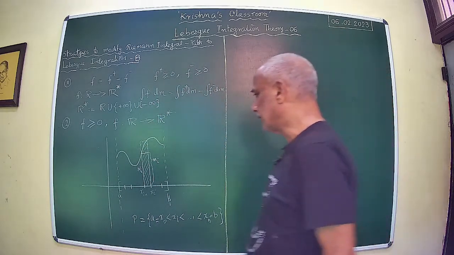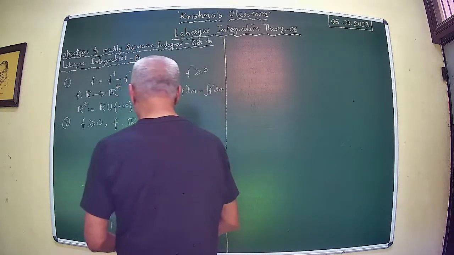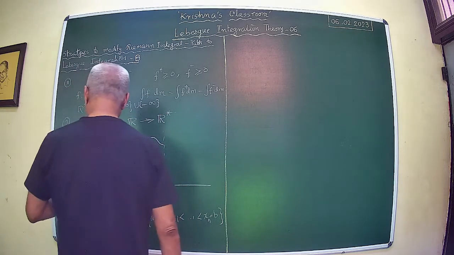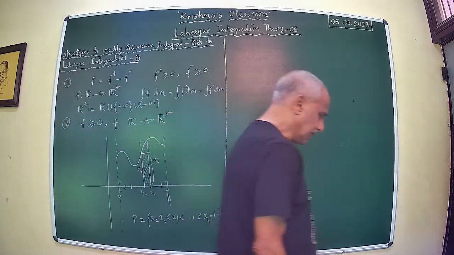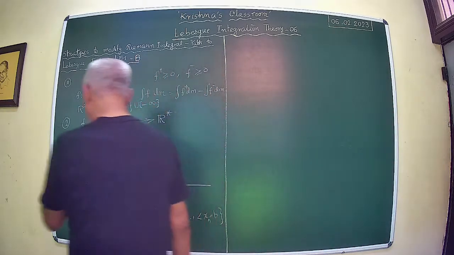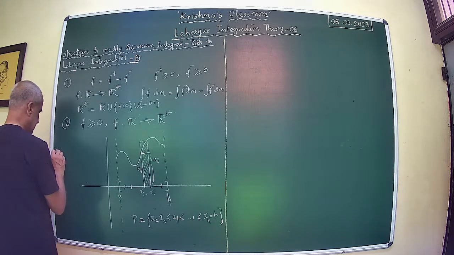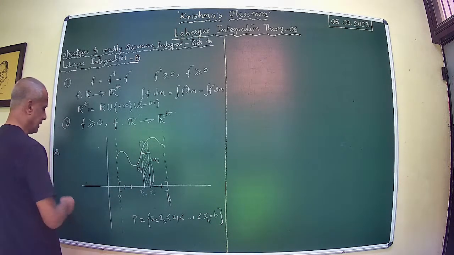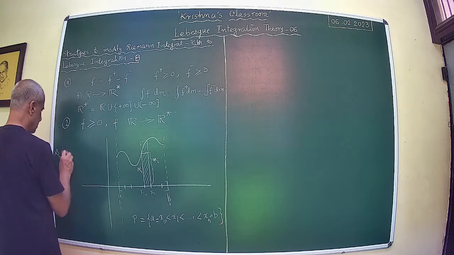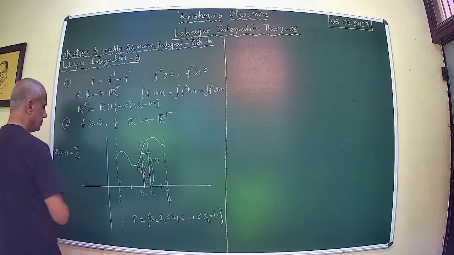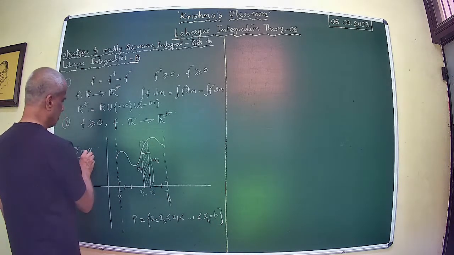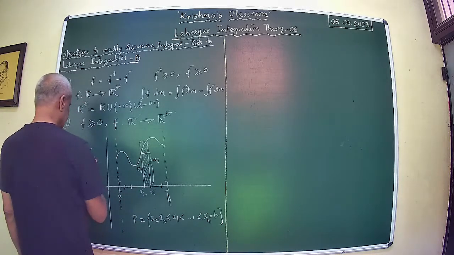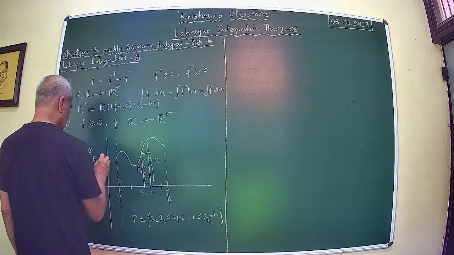And then you see that the lower approximation with respect to this partition is going to be given by the step function, which is defined as, what do I call it, I call this S n, equal to sigma m i times the characteristic function of the interval x i minus 1 to x i.